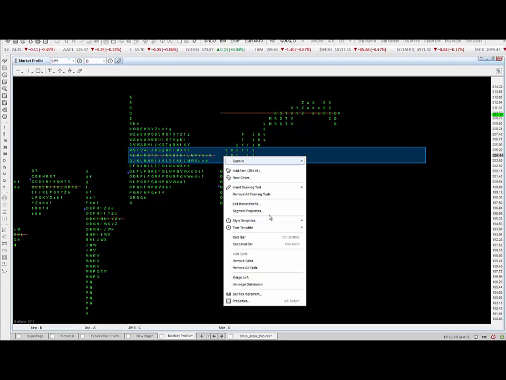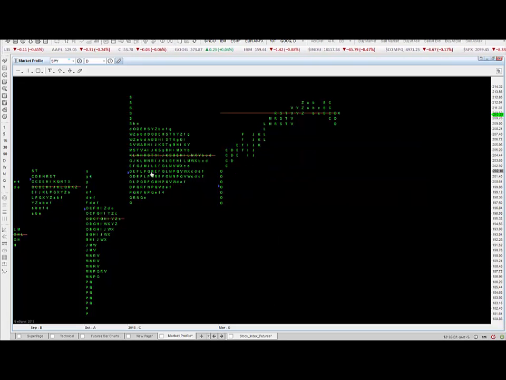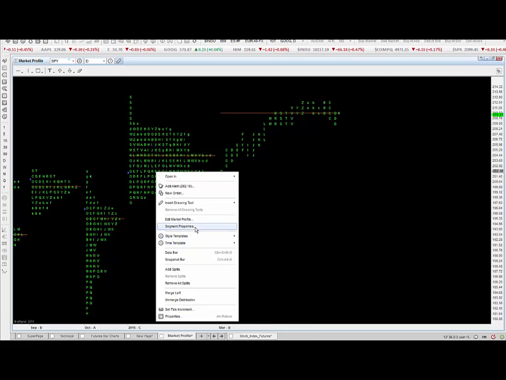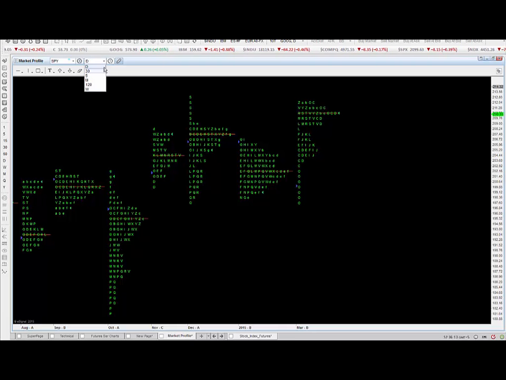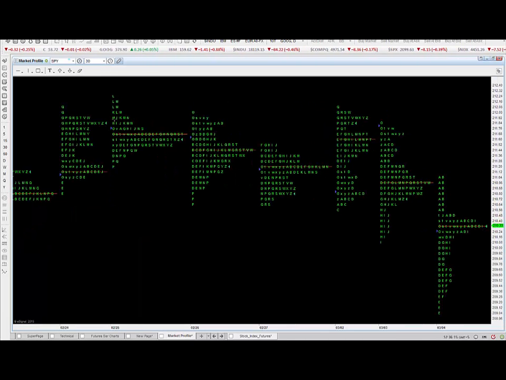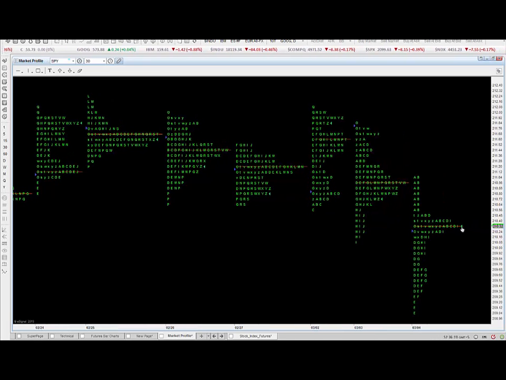Let's go down in time frame. We'll go to a 30-minute time frame. Now we have the last several days of trading. This is where the market is trading right now.